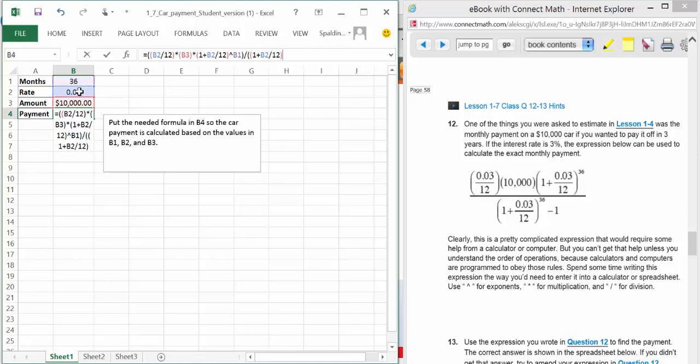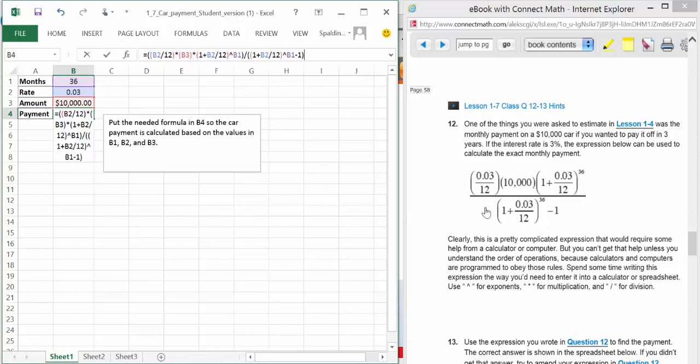I want to raise that to the power of 36, which, remember, is the number of months, and we want to be able to change that, so I'm just going to click in cell B1. And then I'm going to say minus 1, and then we're going to close the parentheses, that extra set of parentheses around the denominator.